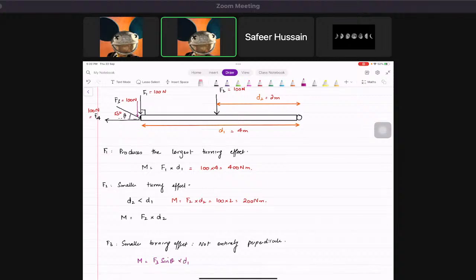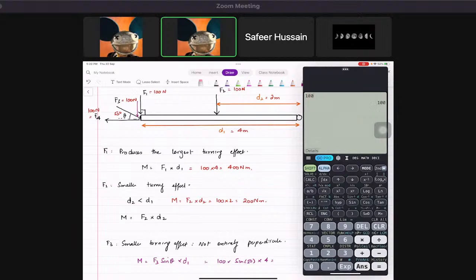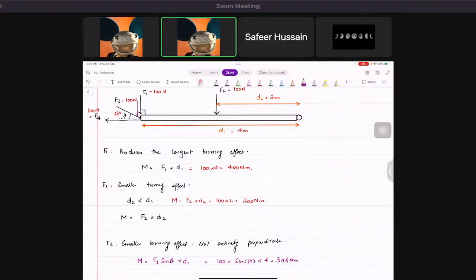So 100 times sine of 50 times 4, let's use the calculator. It's going to give us about 306 Newton meter, which is of course less than the maximum one, the 400 one, right?